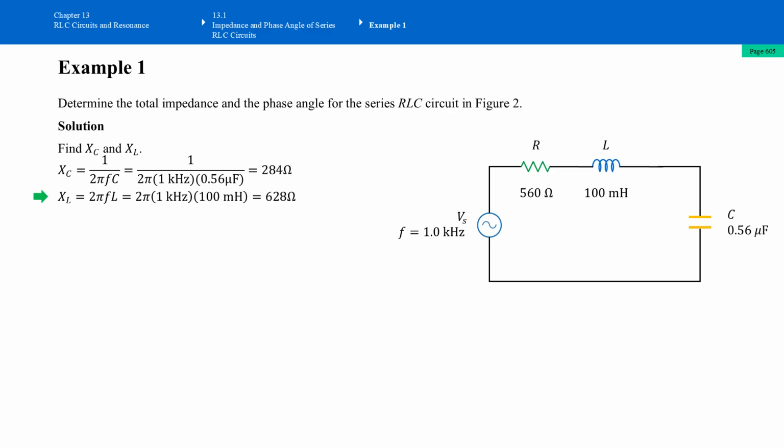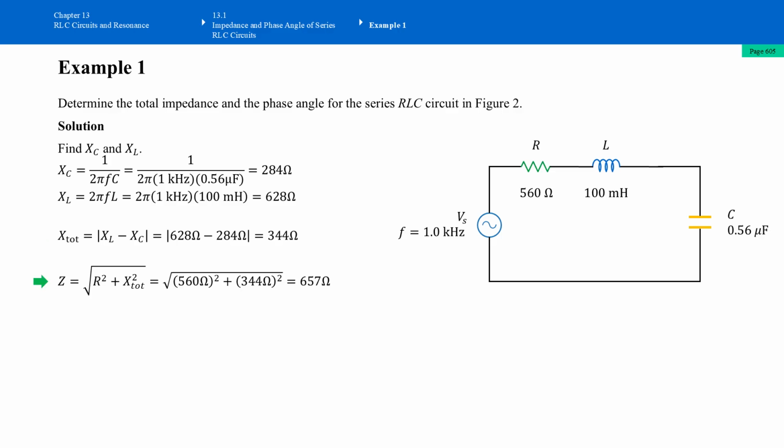So X total equals the absolute value of XL minus XC. Plug in the numbers: the absolute value of 628 ohms minus 284 ohms, and that is 344 ohms. Next, we need to find the impedance of the circuit. That is the square root of R squared plus X total squared, and that is the square root of 560 ohms squared plus 344 ohms squared.